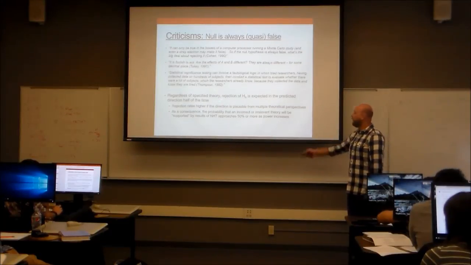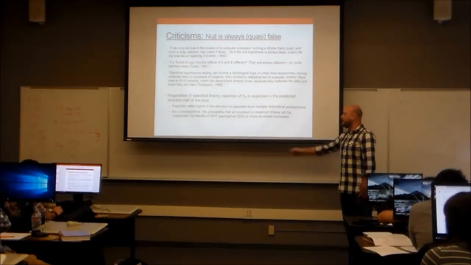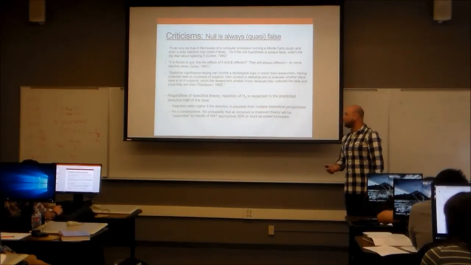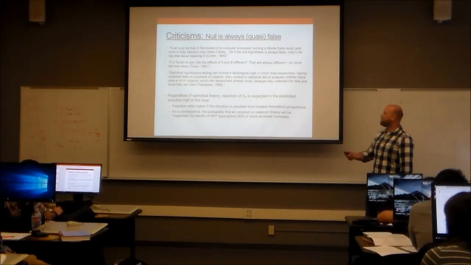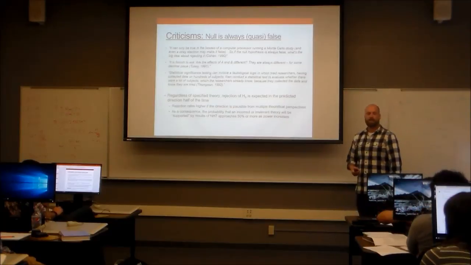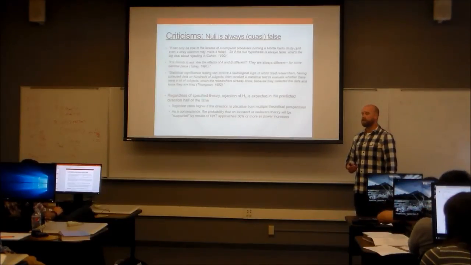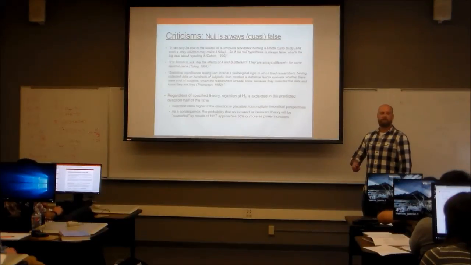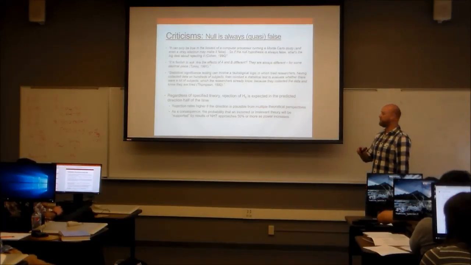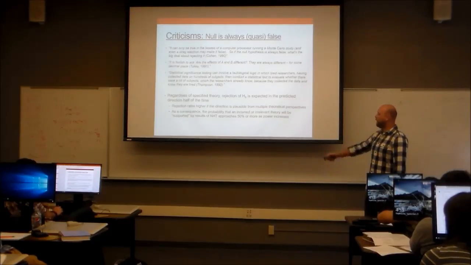And so the problem with this is that regardless of whatever theory we specify, we expect to reject the null hypothesis in the predicted direction half the time. Assuming that we have a sufficient number of individuals, we're going to reject the null hypothesis in the direction that we're looking for at least half the time, regardless of why we've postulated that A should be different than B or B should be different than A, okay?